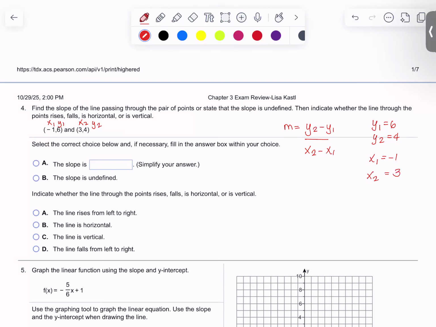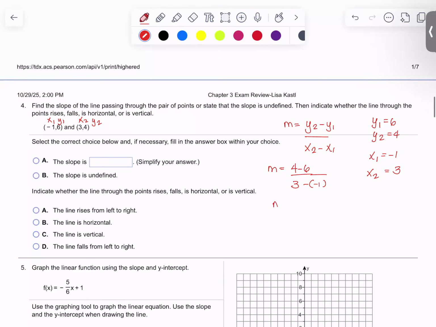So let's plug and chug. So we have 4 minus 6 over 3 minus a minus 1. So be careful with your signs. So I'm going to get -2 over 3 plus 1, which is -2 over 4.